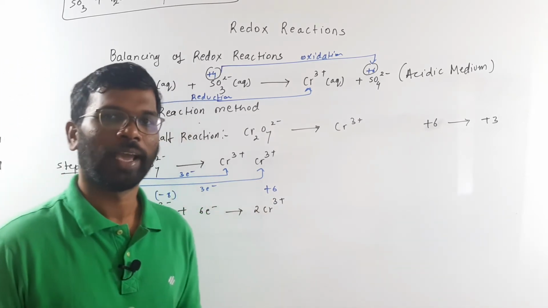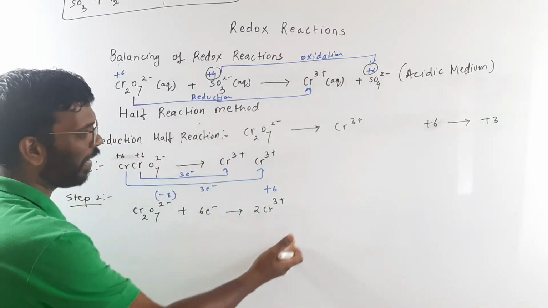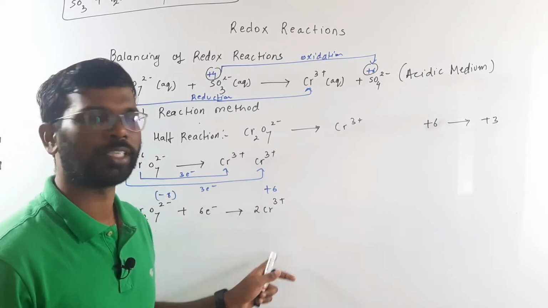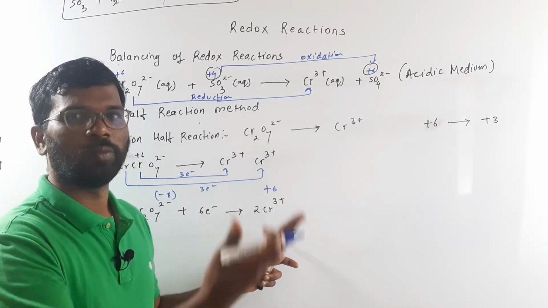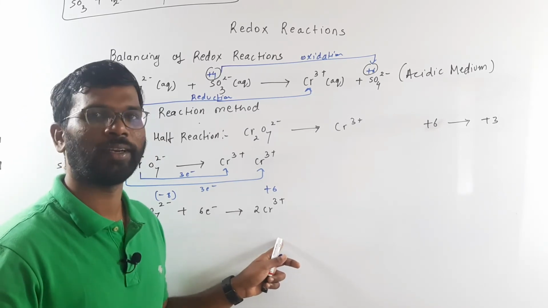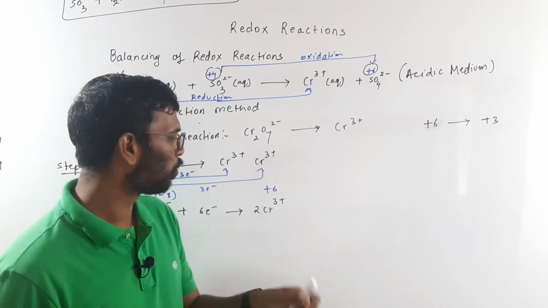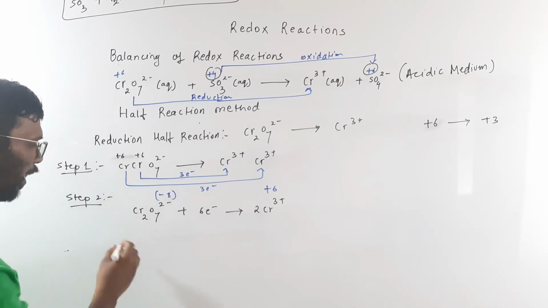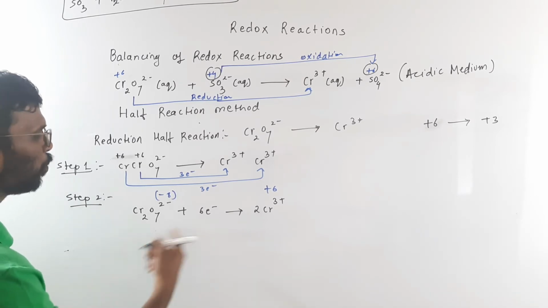You have to add H plus on this side since the reaction is in acidic medium. Think of this: you are adding H plus on the right side. It is already +6. Let's say you add 2 H plus, it will become +8. It will not become -8. If you add 4, it will become +10 charge. So there is no point in adding on the right side. In this case, you will be adding H plus on the left side, and that too in such a number that the charges become equal.